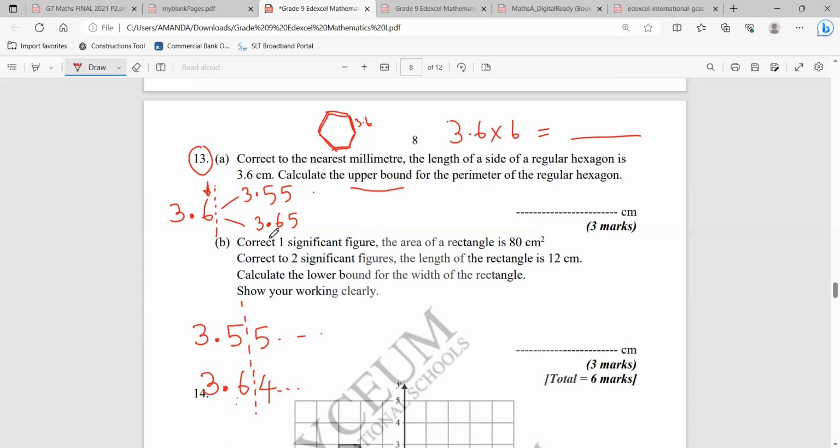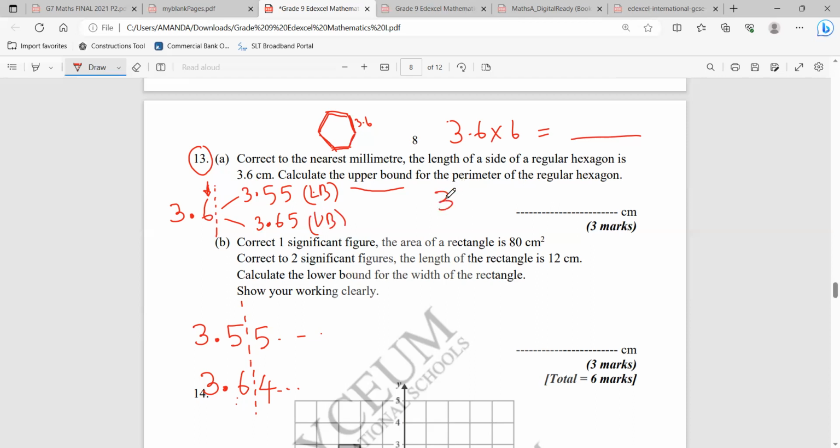So when you want to find the upper bound of the perimeter, we pick the upper bound of the side length. This is the lower bound, this is smaller, and this is the upper bound. We are taking this one, 3.65.